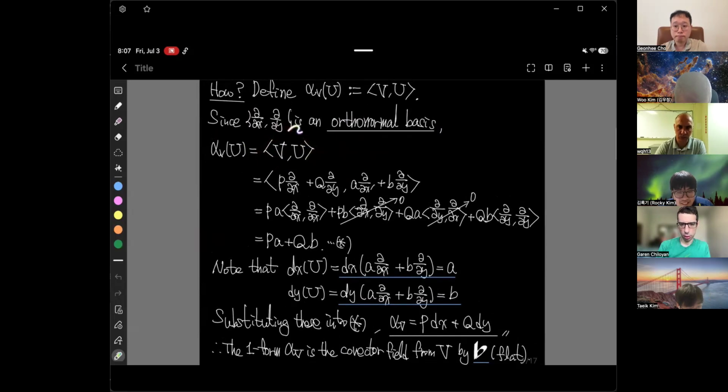With an orthonormal basis, their inner product is, by linearity, if we expand it this way, the bases are orthogonal, so the cross terms cancel out to 0. So we have this equation as this function.